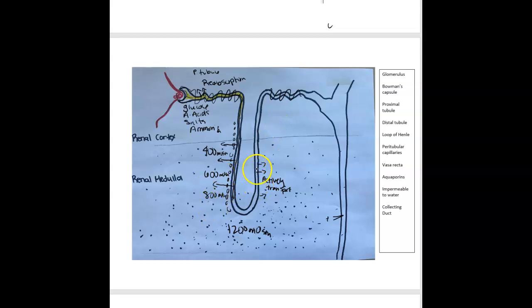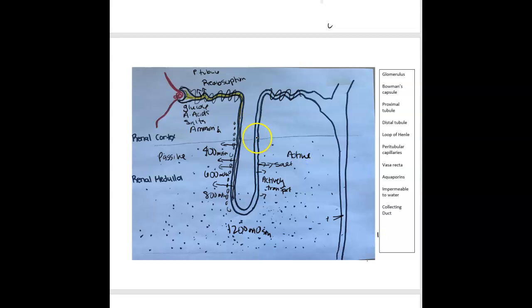So on this side we're pulling salt out, and on the other side we're pulling water out. This is going to be passive transport, and this is going to be active transport.